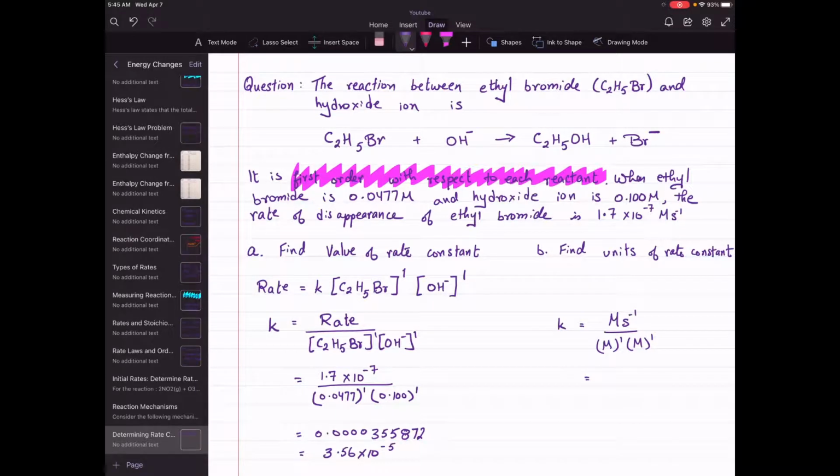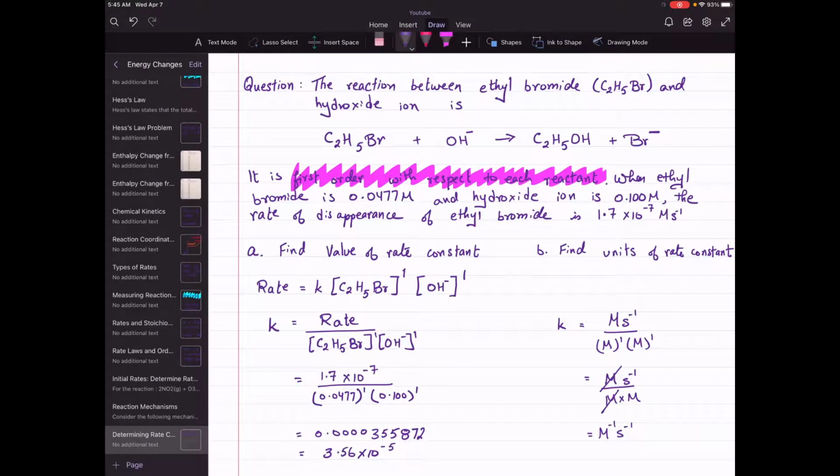Now once we have that, I can simplify this and say this is the same as saying moles per second over moles times moles, or molar times molar, and that molar cancels out. The molar concentration, or moles per liter, cancels out. Now what we have left over is s to the power of -1 and M to the power of -1.